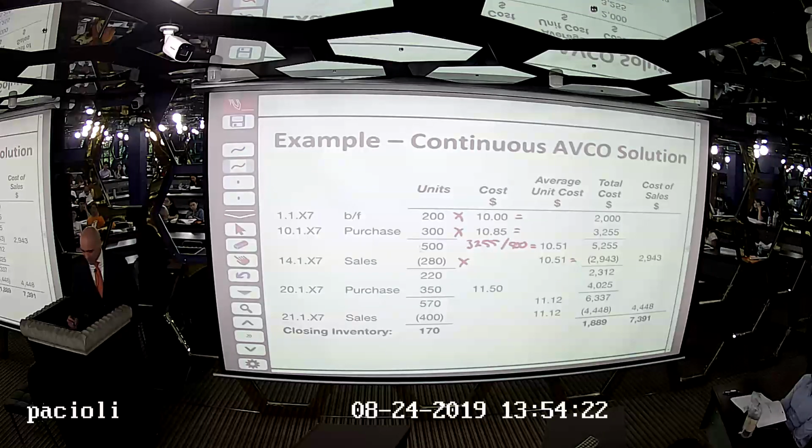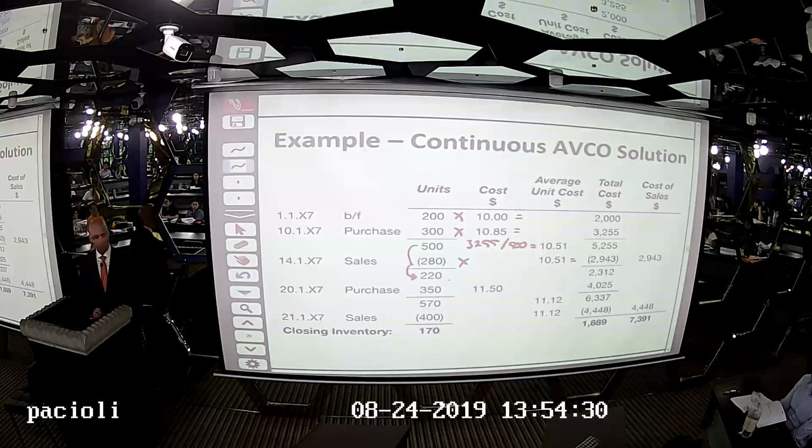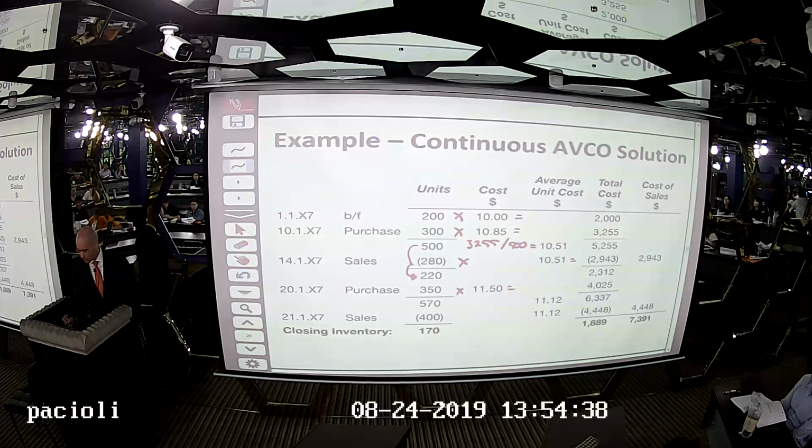Okay. We had 500 minus 280, and then we are left with 220. We purchased 350. 350 times 11.50 is equal to 4,025. And 4,025 plus 2312 is 6,337.